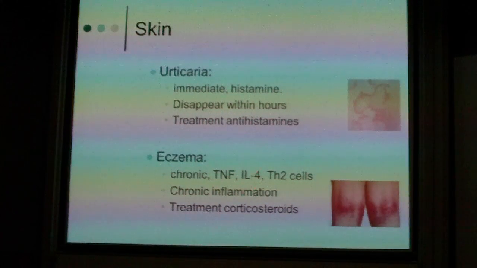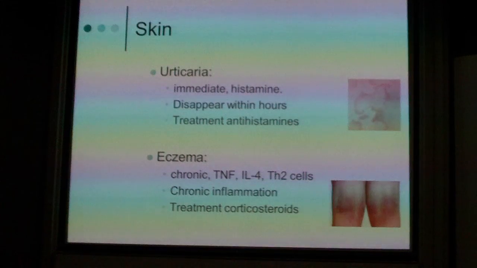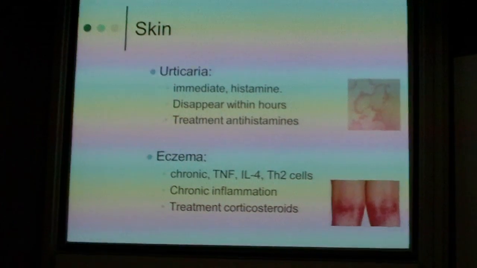There is major involvement of TNF-alpha as a cytokine and IL-4, and that means, of course, that you talk about the Th2 response. Recognizable because type 1 hypersensitivity is mediated by Th2 cells. It's a chronic inflammation, so it keeps on for a very long time. You can treat it, but if you don't treat it, it will stay for a very long time.